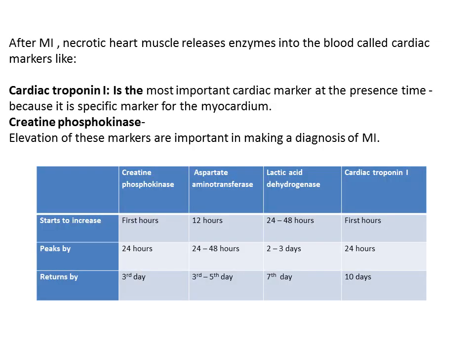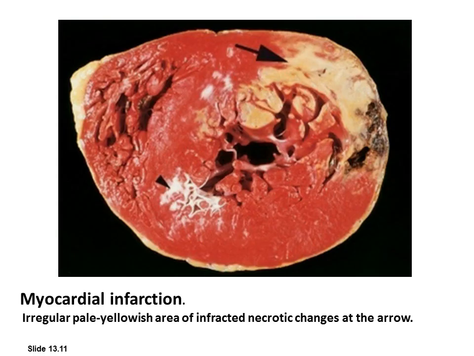Diagnosis of myocardial infarction is made by elevation of cardiac markers, mainly troponin I, that is specific for myocardium. In this picture, you can see an irregular area of whitish necrotic tissue.